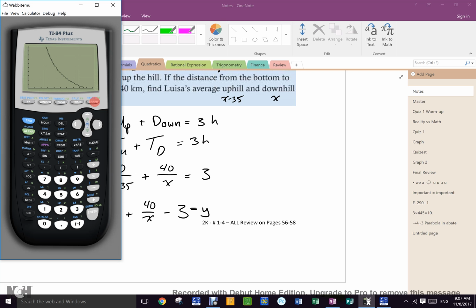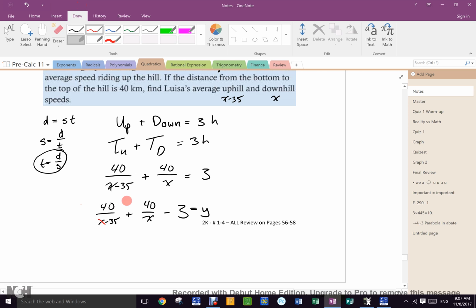Can you guys figure out a way to do that? So, what does that mean we have to do here? Can I leave it in that form? What form do I need it in? I need a standard form, don't I? So I got to get rid of those. Right? So let's do that.